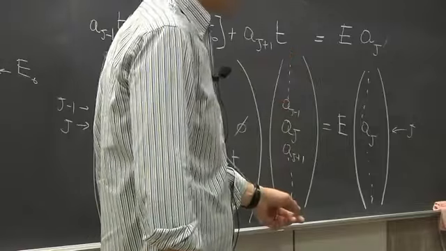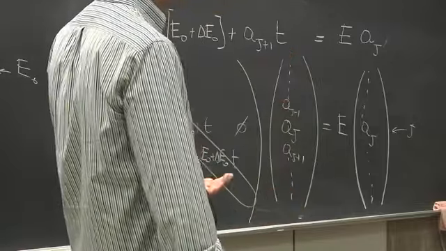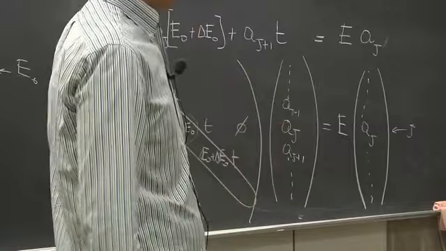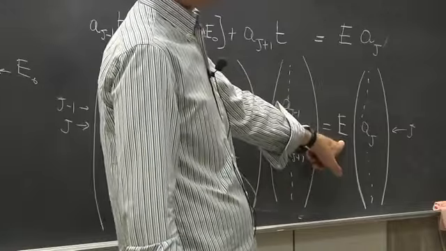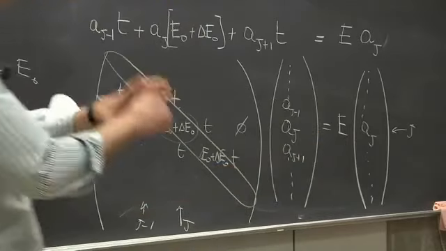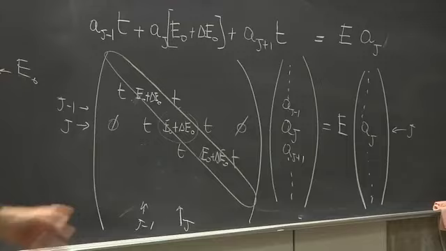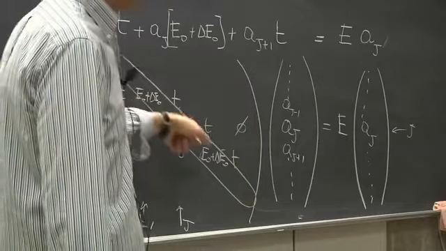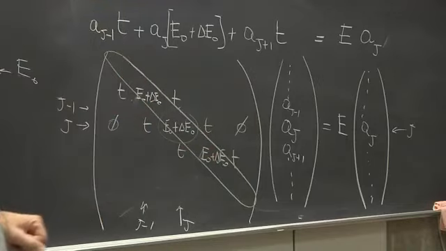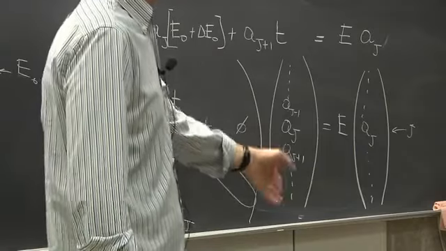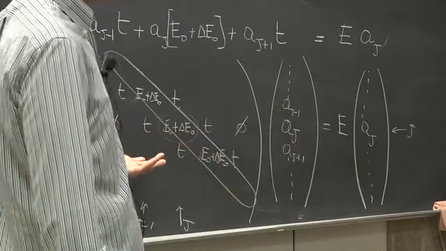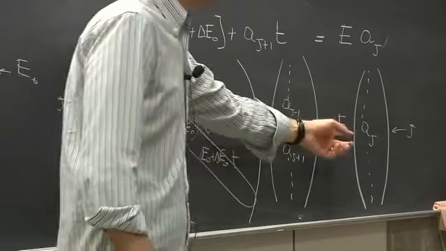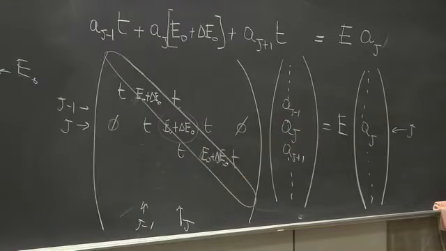And this vector is the solution of an eigenvalue problem for this infinitely large matrix H, made of a diagonal term and an off-diagonal term that is t, just one element out of the diagonal. So if we want to find the AJs and our energies, what we need to do is to diagonalize this matrix, and find the eigenvalues and eigenvectors of this matrix problem.